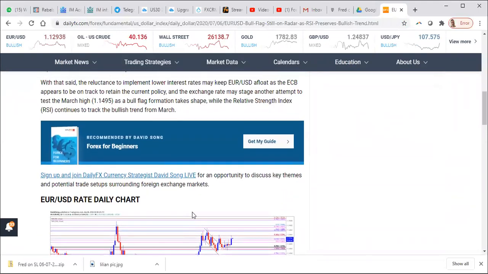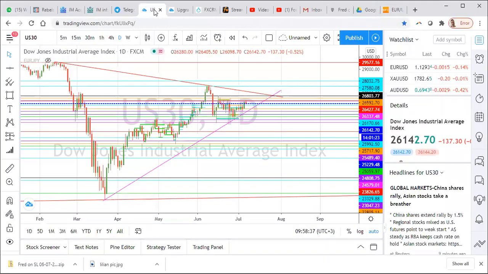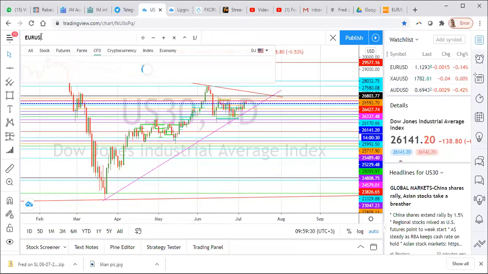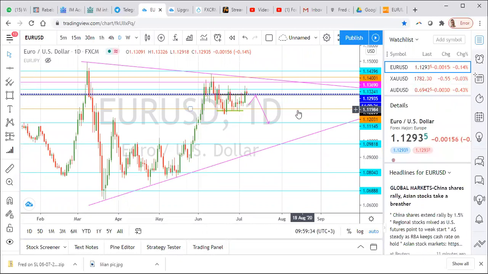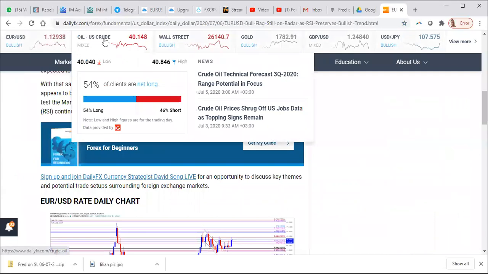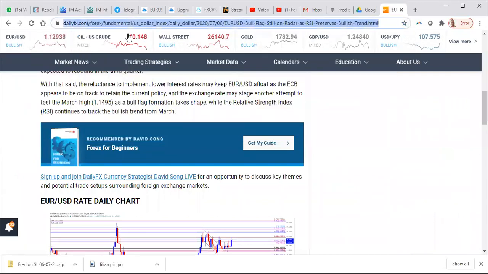Fundamentally, they're saying it's bullish. I saw something else. Nah, I still think it's going down before it goes up. So we'll watch that one.